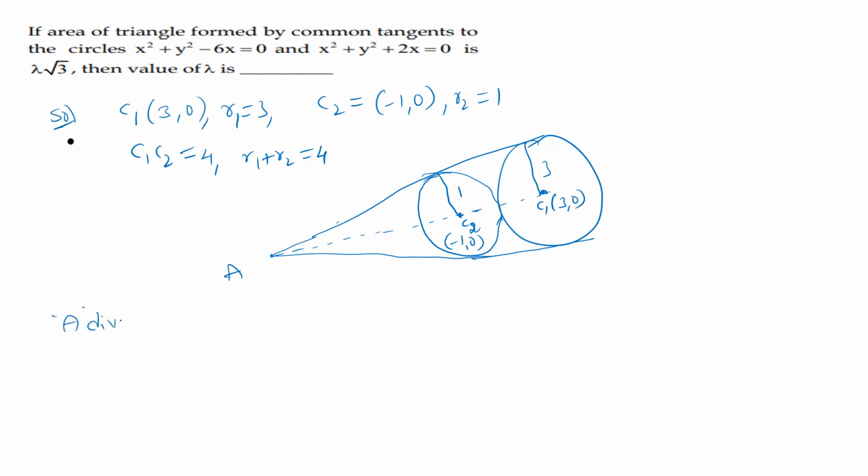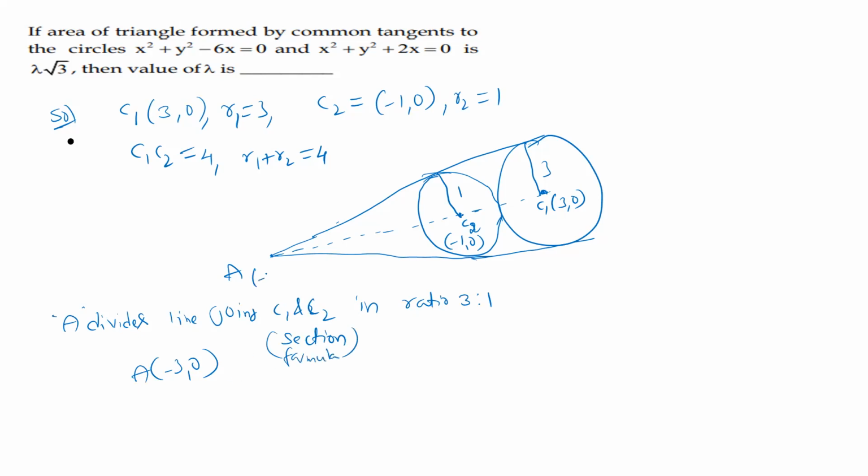A divides the line joining C1 and C2 in the ratio 3:1. By applying the section formula, we will get A point is (-3, 0). Now here, triangle.